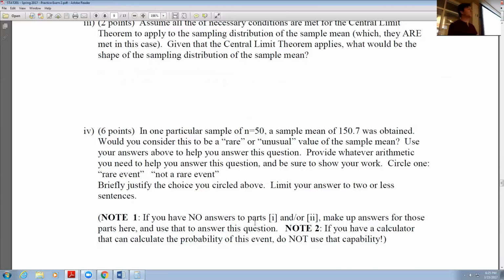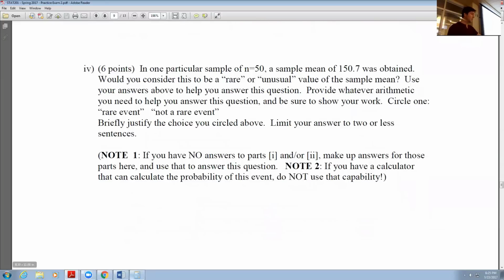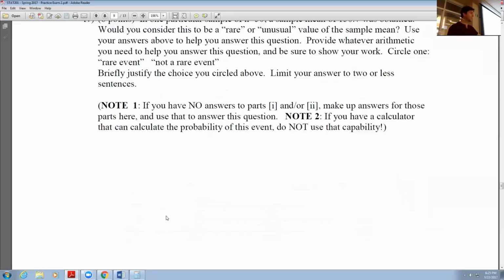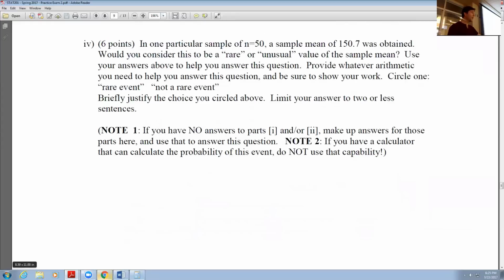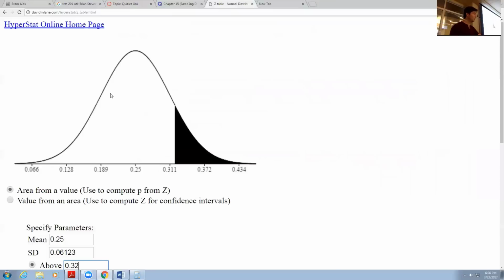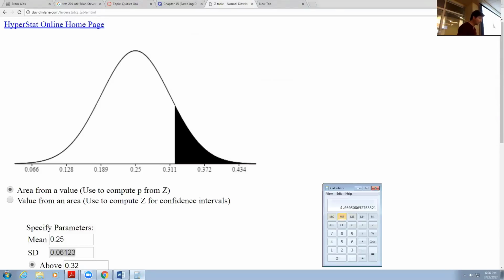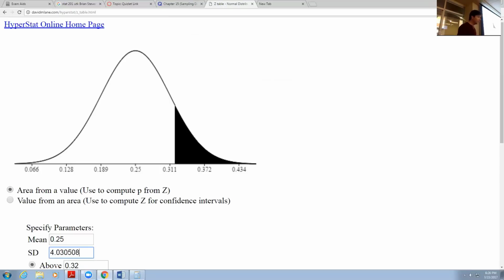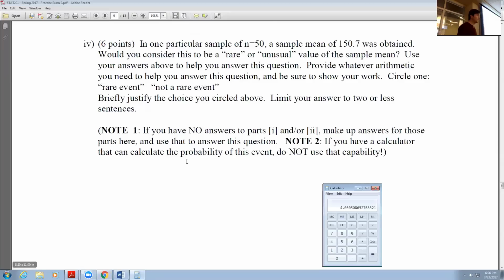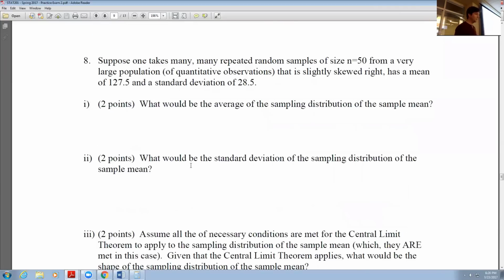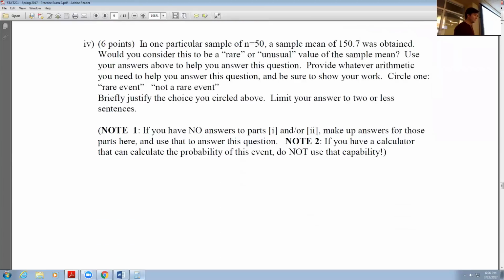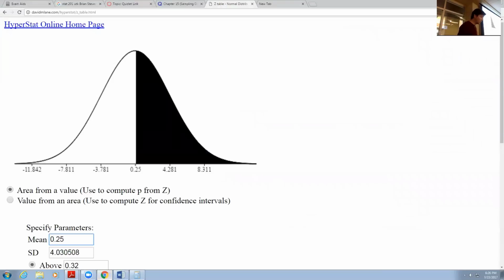In one particular sample size of n equals 50, a sample mean of 150.7 was obtained. Would you consider this rare or unusual? Now here's the thing people forget, you can figure out a lot with this open space. I know I have the applet right here to cheat, but check this out. You could take this standard deviation right here and plug it in, and then take this mean of 127.5.